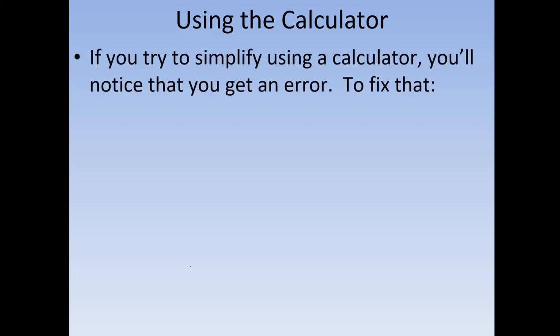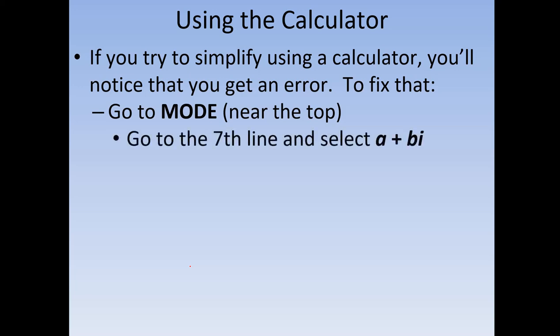All right. So like I said, you actually can use a calculator for these terms so that you don't get an error anymore. Now what you have to do is first go to the mode, which is near the top of the calculator. You go down to the 7th line and you select the choice a plus bi.